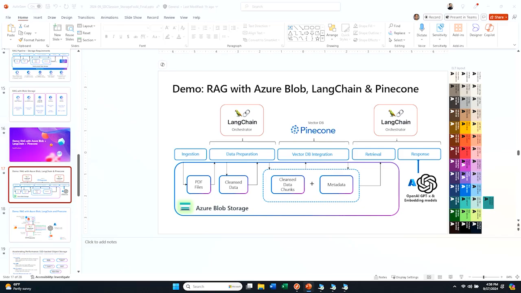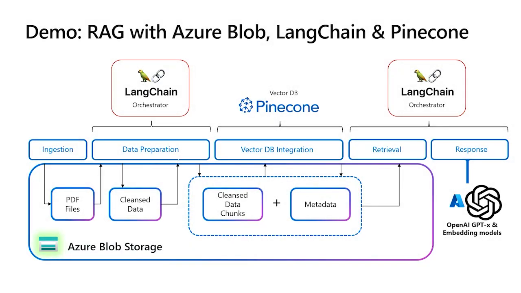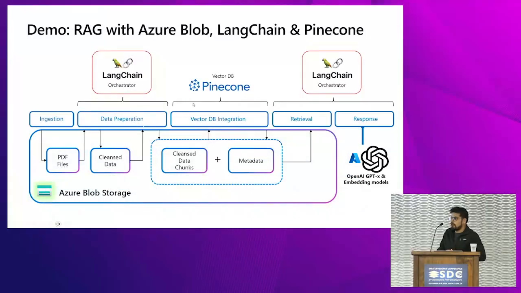Pinecone is the vector database that is performing the similarity search and giving us all the vectors and the chunks that are needed for performing RAG. And backing all of this is OpenAI GPT-4o and the embedding models associated with that.